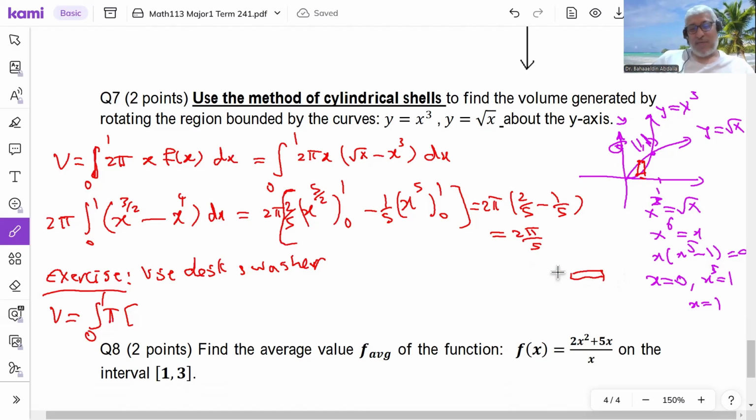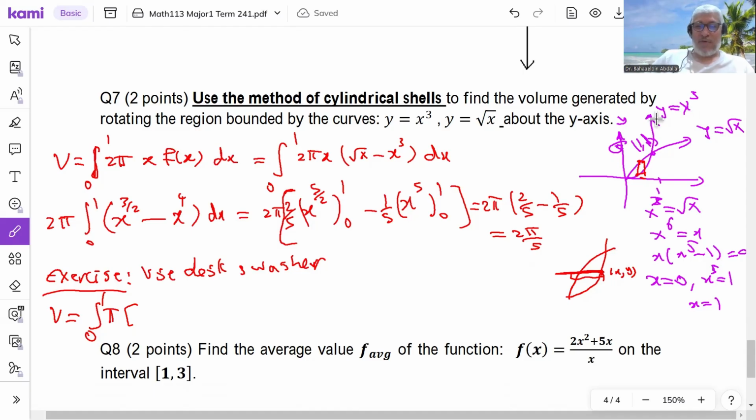So the outer radius would be the distance from the y-axis to the outer curve, which is x cubed, okay? So it would be this distance. And this distance is the x distance of this curve.